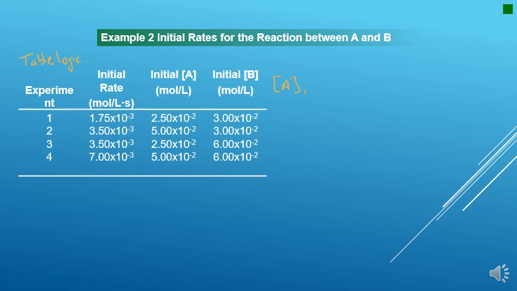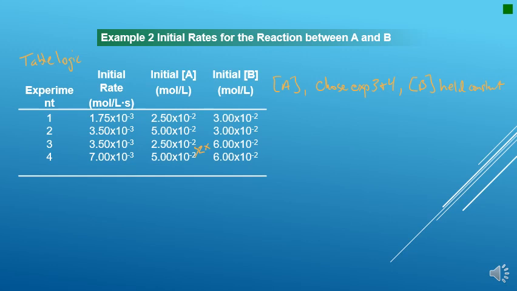So for A, I'm going to choose experiments 3 and 4. We can just simply say that the concentration of B is held constant. And if we look at the concentration change of A, I went from 2.5 to 5.0 times 10 to the minus 2.